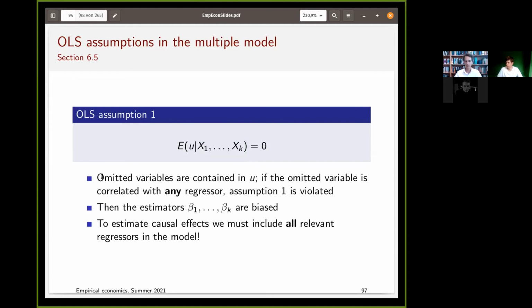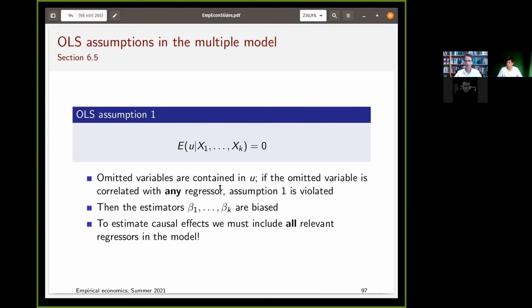So the omitted variables are then just contained implicitly in the error term. And that means that the omitted variables, if they are correlated with any of the regressors, have a non-trivial relationship with at least one regressor, and they also have an impact on the error term.